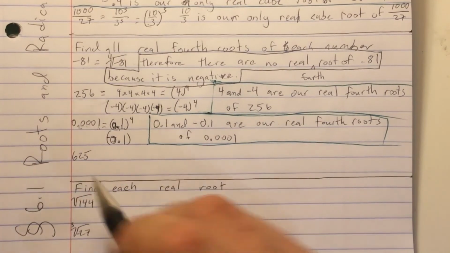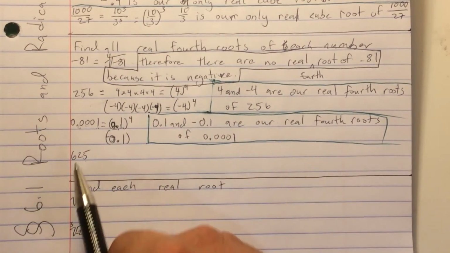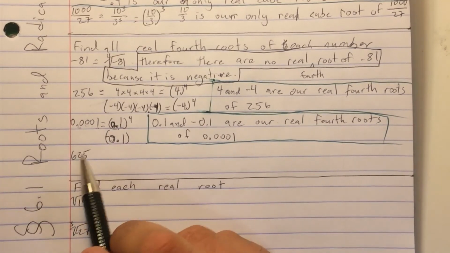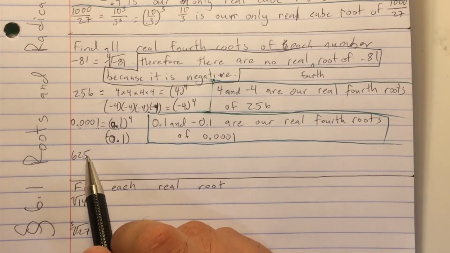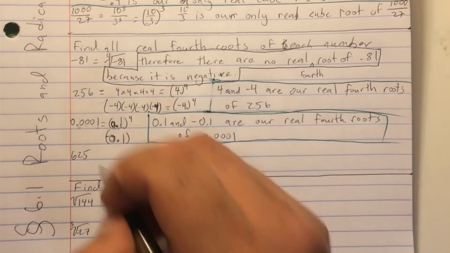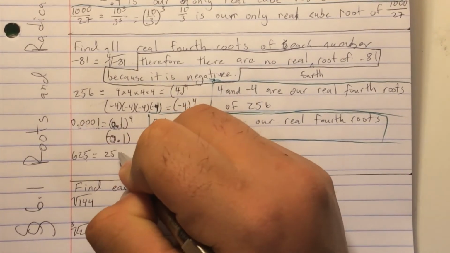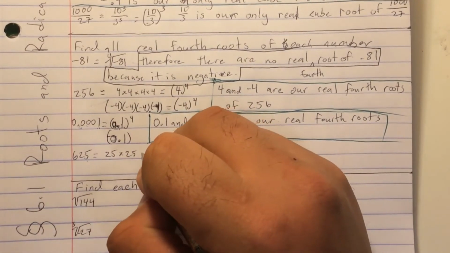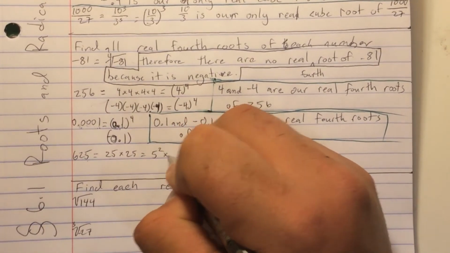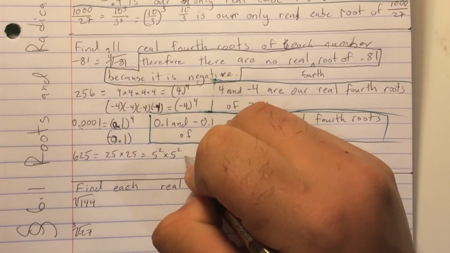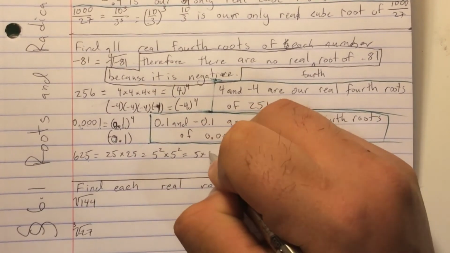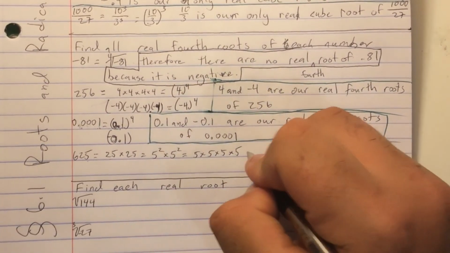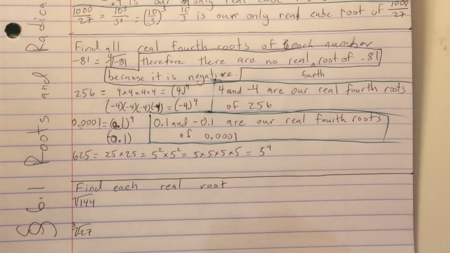Okay, and our last one, 625. We didn't actually get this far, but I know this is 25 times 25. And I know 25 times 25 is also 5 squared times 5 squared, which is equal to 5 times 5 times 5 times 5. And this makes our 5 to the 4th power.